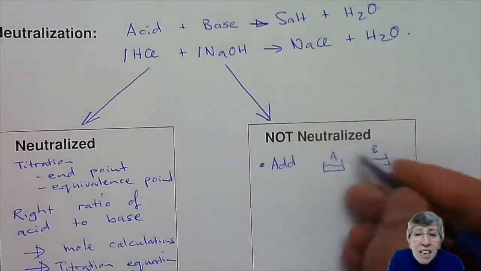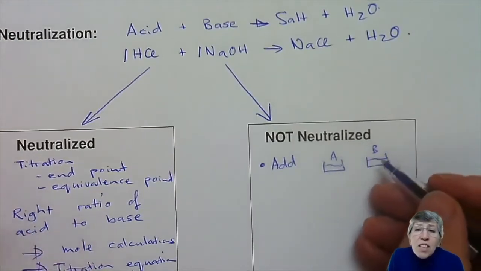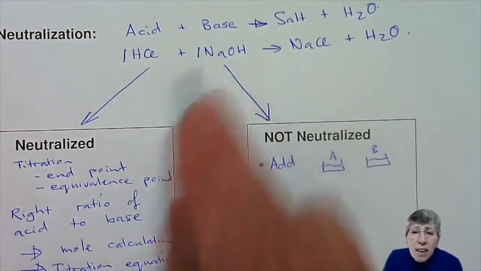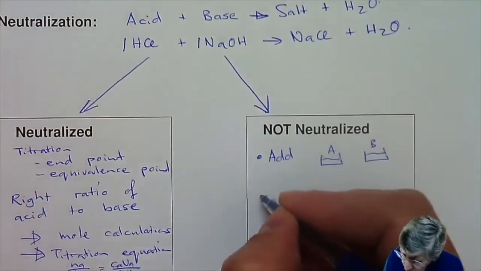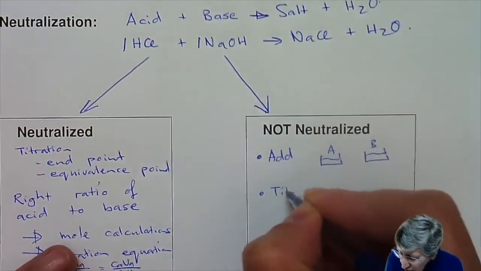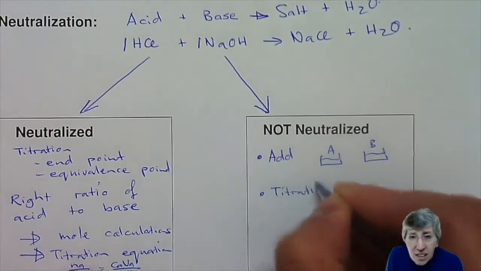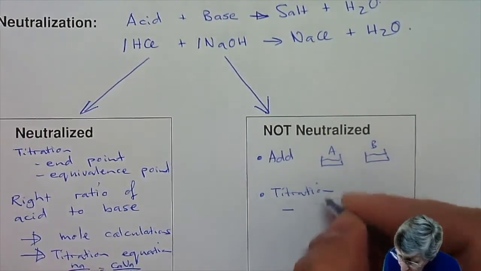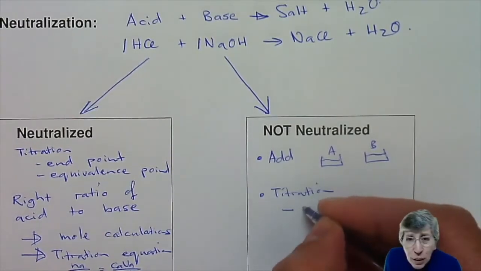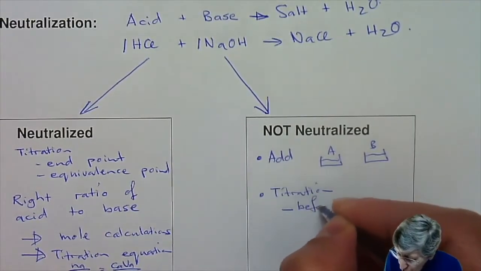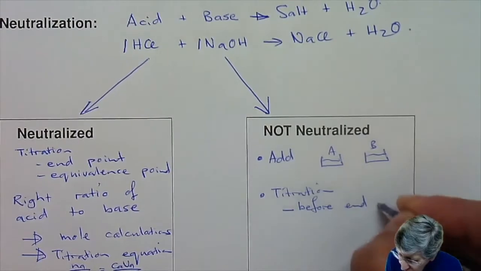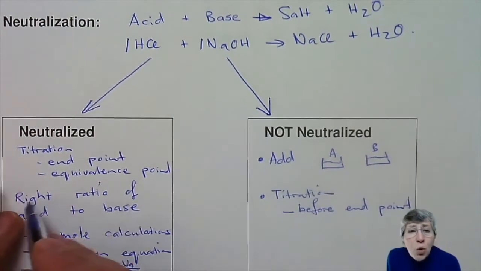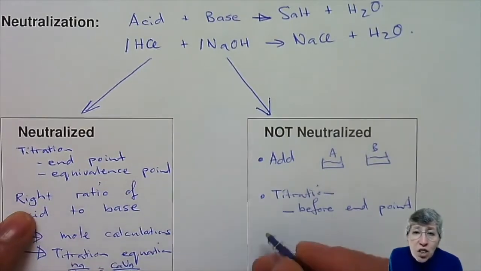If that is added together, then obviously one of them will not react. It will be in excess. Another thing is, if I've got a titration, but in that titration we have not yet reached the end point. So let's say before you've reached end point. If you've not yet reached end point, you are not yet in the right ratio, right?